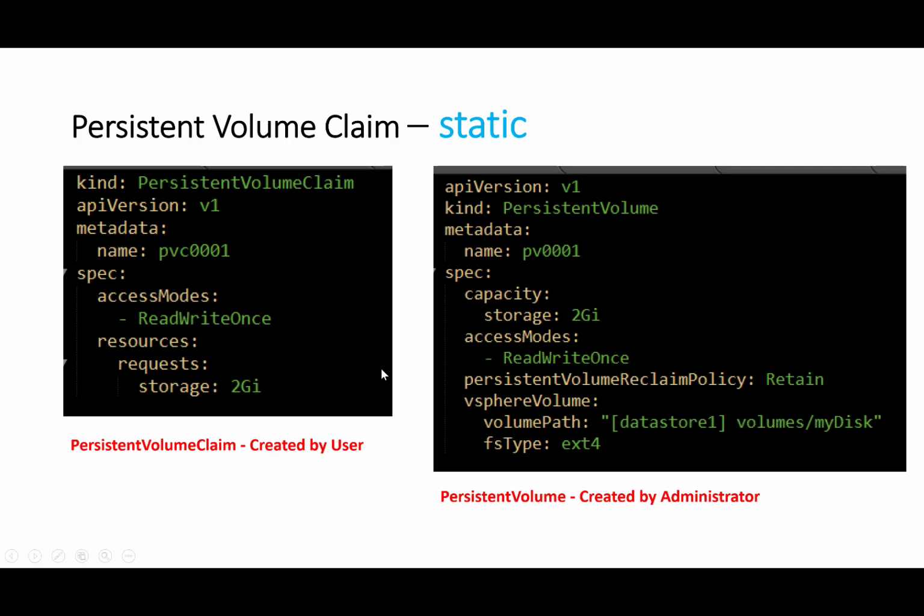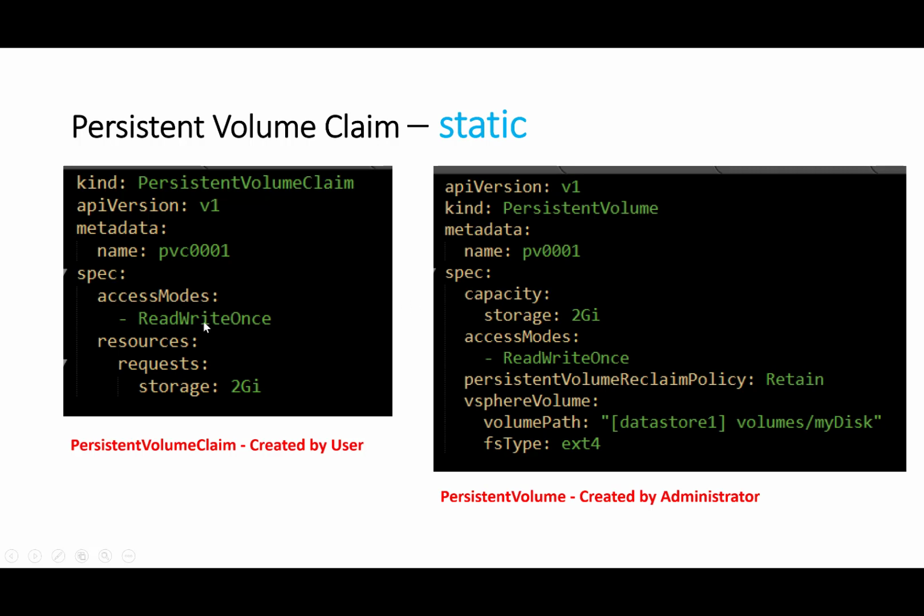The way the abstraction works is there is another file called persistent volume. This is created by the administrator. The administrator knows all the technical details, and he provides all the information for it to talk to the underlying cloud storage. This kind of binding is called static provisioning.